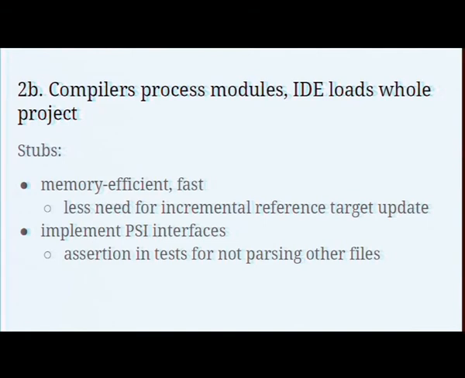So the code analysis just works with the PSI classes or PSI methods and types, and it does not even care if those implementations come from stubs, memory efficient and fast, or the parsed tree, which is much more expensive.